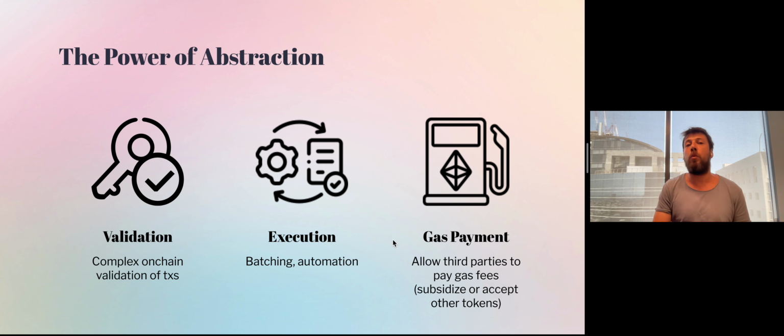Okay, in that case, we'll sponsor the gas fees, and that user doesn't even have to hold any ETH, any USDC, nothing. They just need to hold tokens of that DAO, which is reducing so much friction for those users.